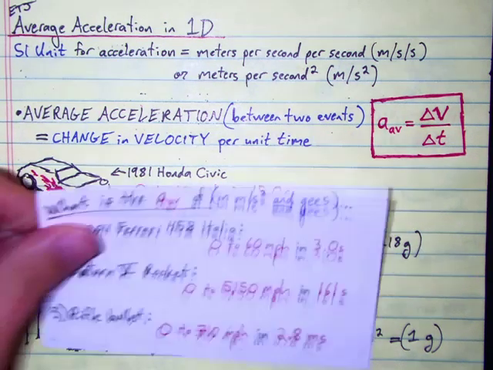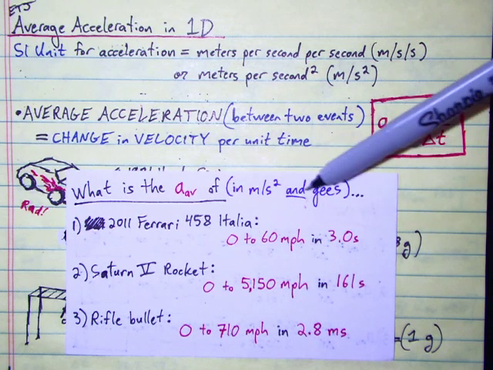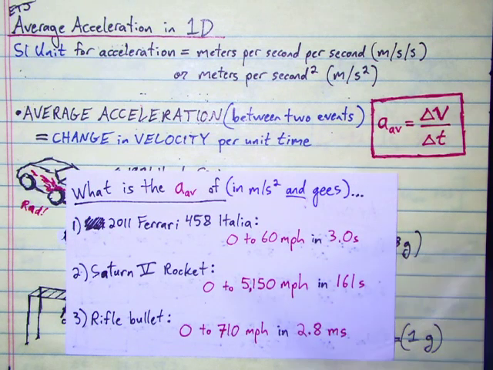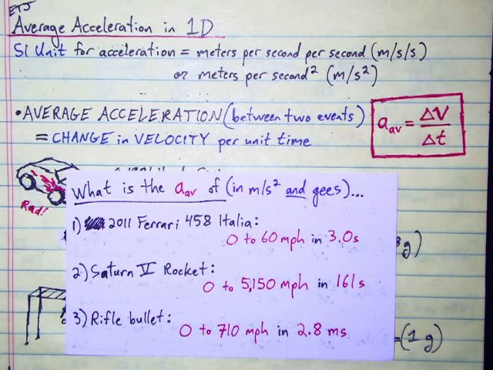Try a couple of these on your own. Find the average acceleration in meters per second squared and estimate it in g's of a 2001 Ferrari 458 Italia, which can go 0 to 60 in 3 seconds. Of a Saturn V rocket, NASA's rocket that launched the Apollo capsules to the moon, which on liftoff will go from 0 to 5,150 miles per hour in about 161 seconds.